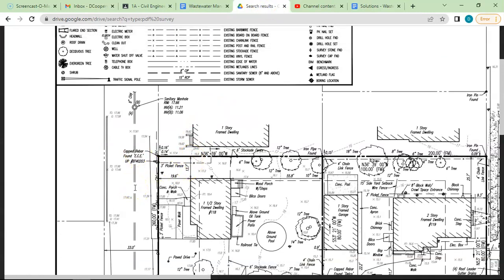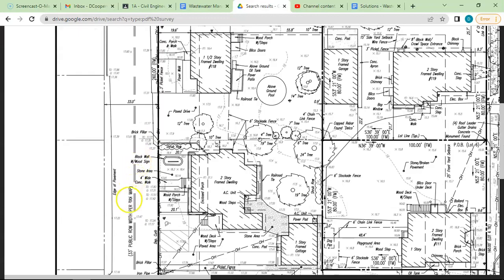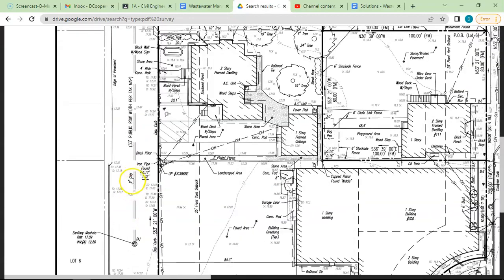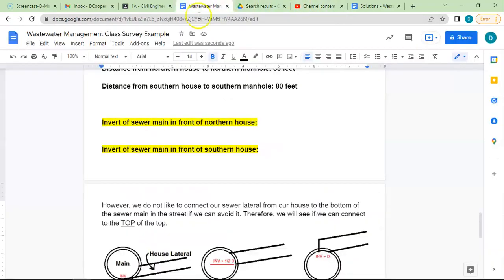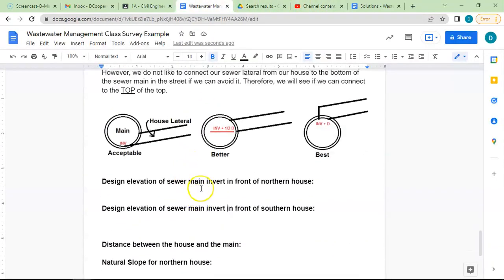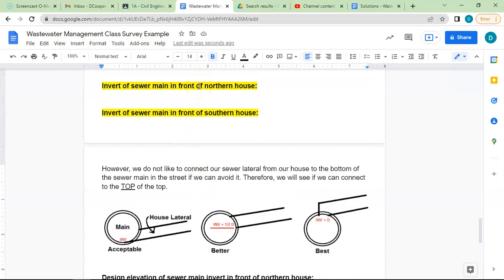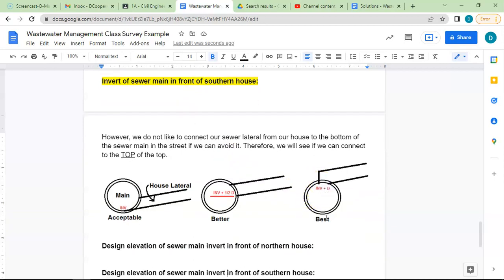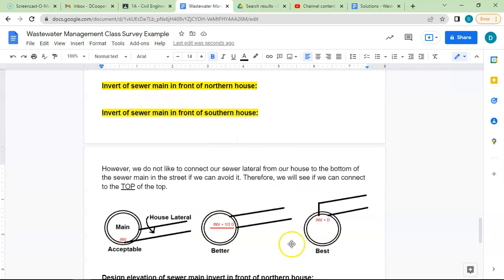And now let's just add the diameter of the pipe. So this pipe is an 8-inch pipe. I know that because it says it right here. So all you're going to do right here is take your answer from here and then add 0.66, because that'll give you the invert of the top of the pipe right there. So take your elevation and then add 0.66.